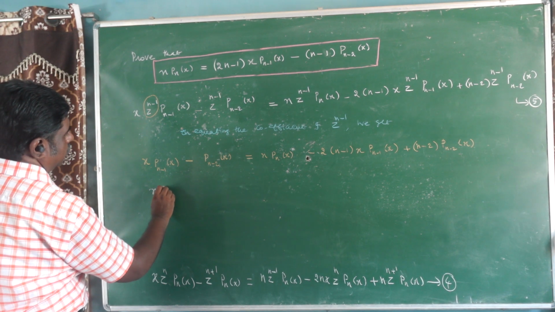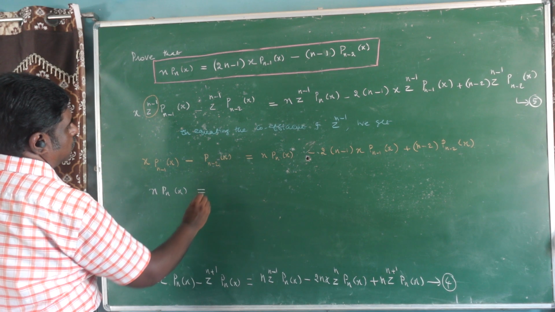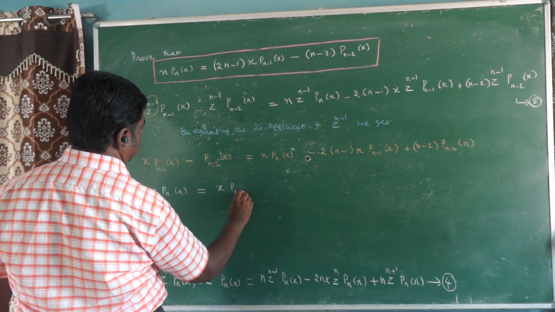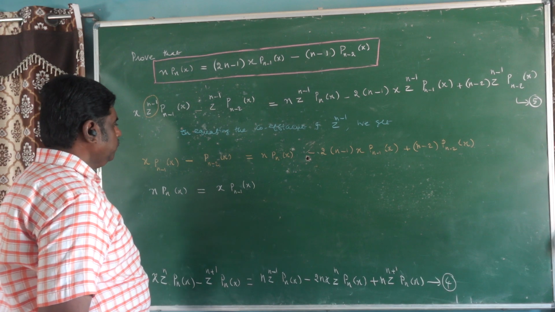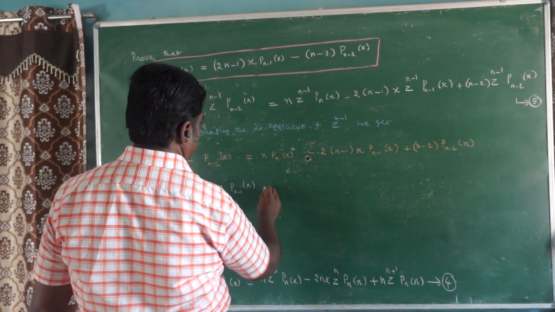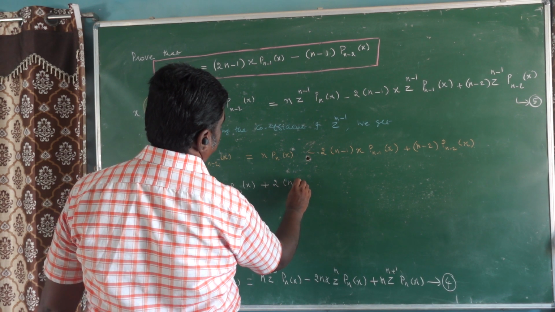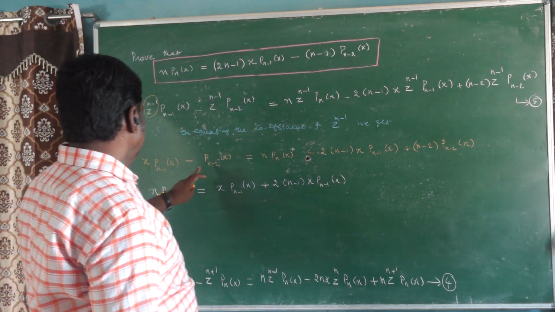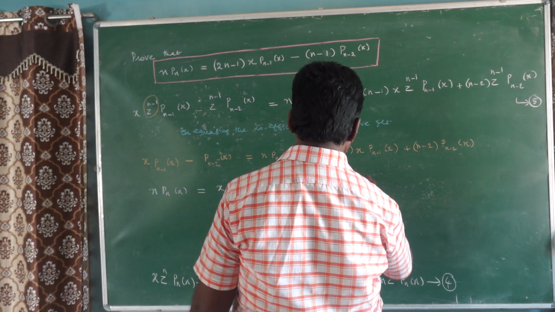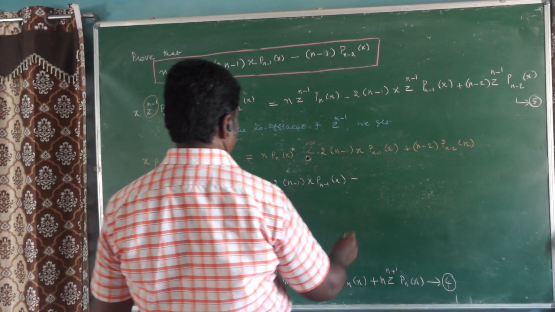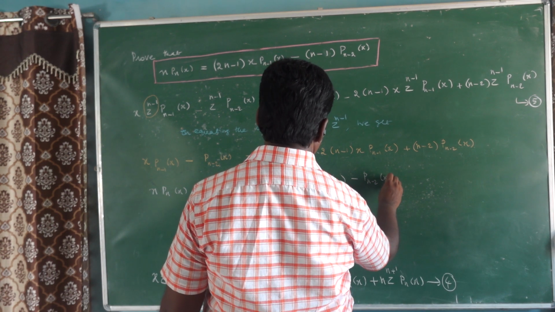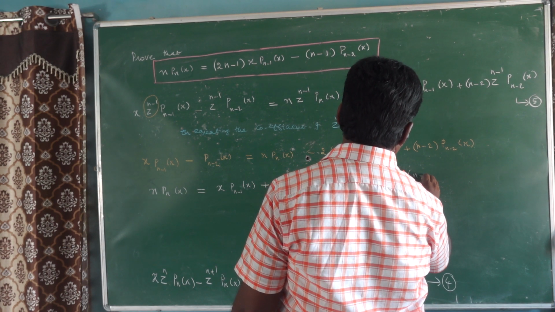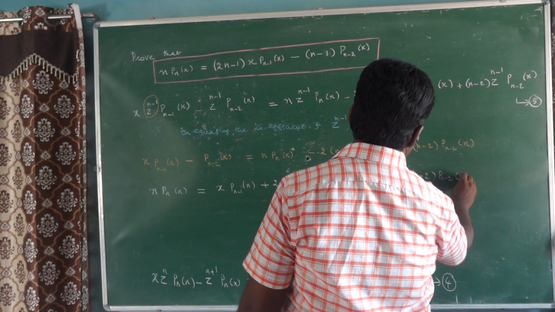Now keep this term n Pn of x on the left hand side, n into Pn of x, then bring all the terms to one direction: x P n minus 1 of x, then bring this term, plus 2(n minus 1) x into P n minus 1 of x, then write down this term as such, minus P n minus 2 of x, and shift this term to this side, minus (n minus 2) P n minus 2 of x.